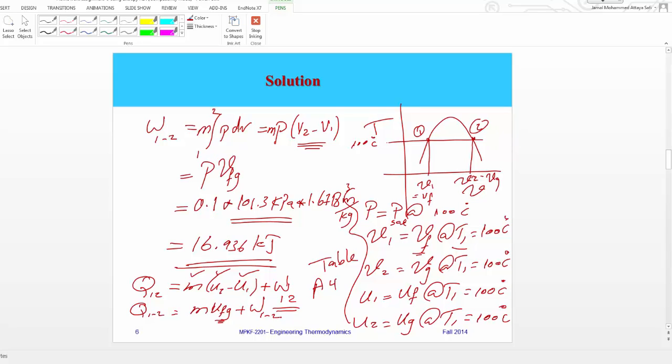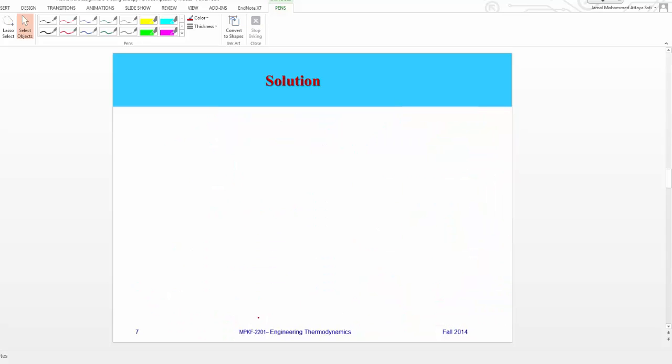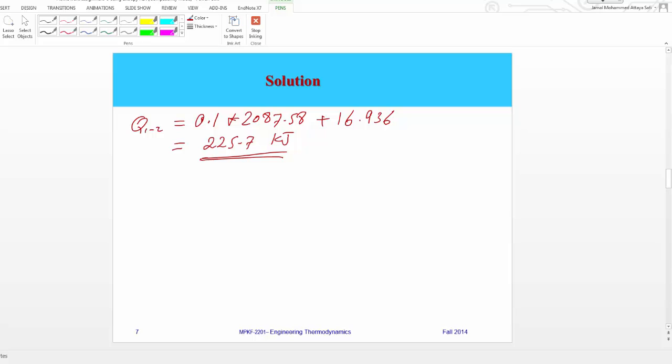Substituting the things that we know, Q1 to 2 is equal to 0.1, which is the mass, multiplied by Ufg plus the work which we calculated, and that's going to give you 205.7 kilojoule, and that is the heat transfer.